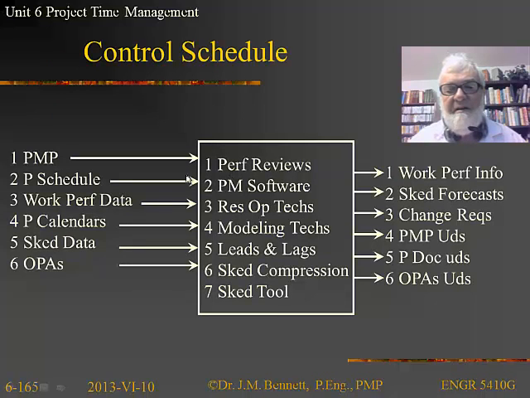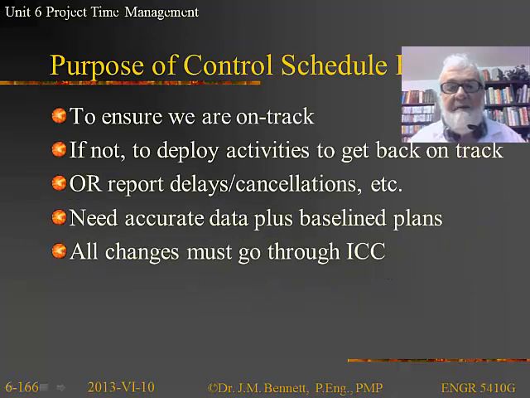don't do ICC regularly. So now we've got the project management plan and the schedule baseline performance data coming in. Here are some of the things that we can do to actually handle the schedule itself and then get the project back on track. So the purpose of this is to make sure we're staying on track in terms of schedule. If not, can we get ourselves back on schedule by taking special activities?